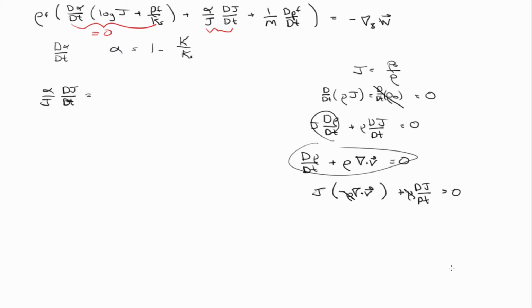Would it be small d or capital? In this form, it's capital D. If you remember, conservation of mass is either D rho Dt plus rho times this guy equal to 0, or the equivalent form.